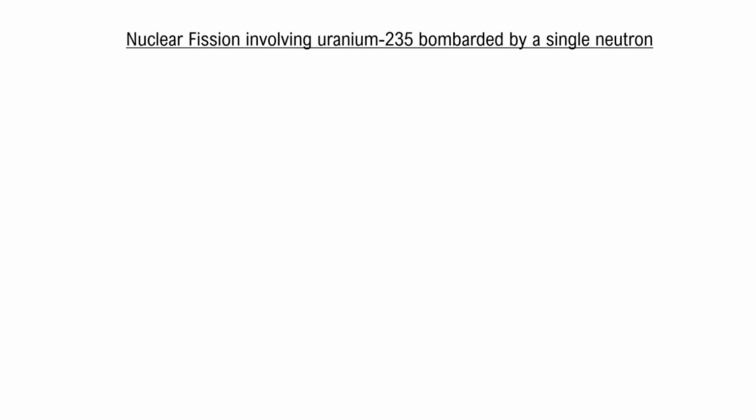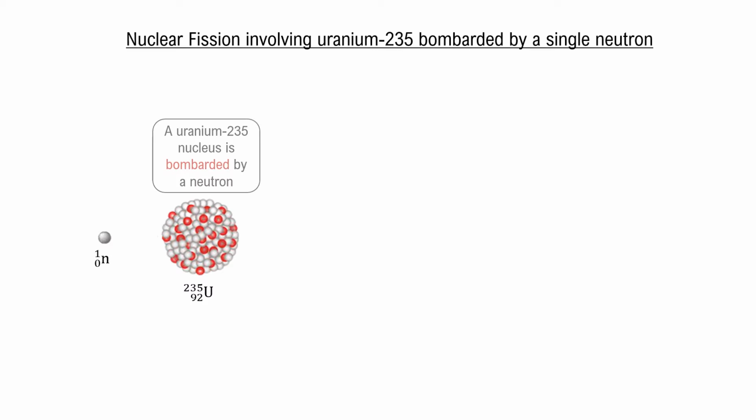Now, let's see what will happen in nuclear fission involving uranium-235 bombarded by a single neutron. So let's say we have a uranium and a neutron here. Then a uranium-235 nucleus is bombarded, or shot, by a neutron.